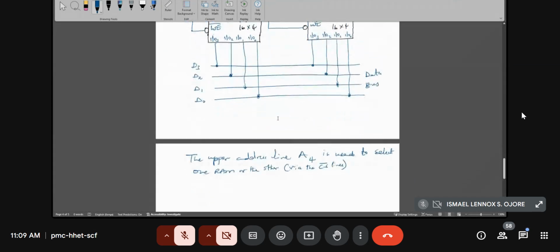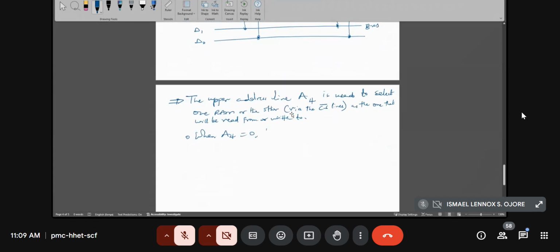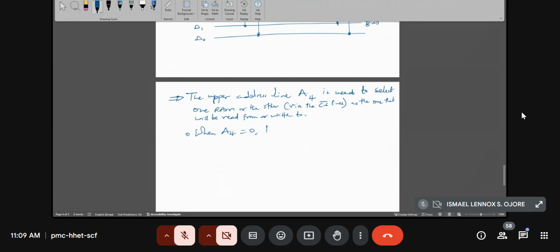So when A4 equals 0, the chip select line of RAM 0 enables the chip for read or write operations.